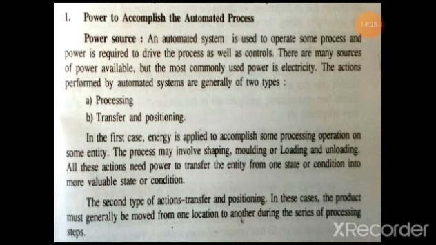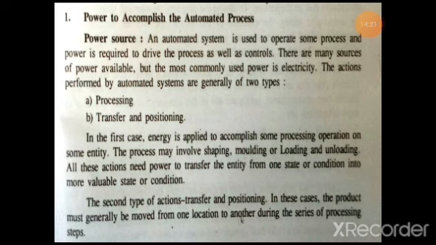Processing means the operation to be carried out at different levels. This is the first step. The second one is transferring the workpiece or continuation of the process, and positioning means seeing that the job flows correctly with the help of the automated material handling system.